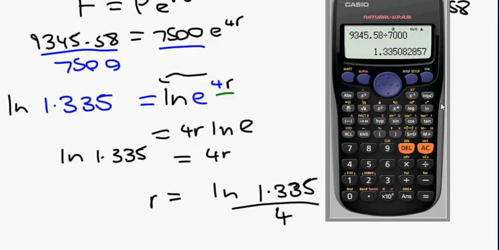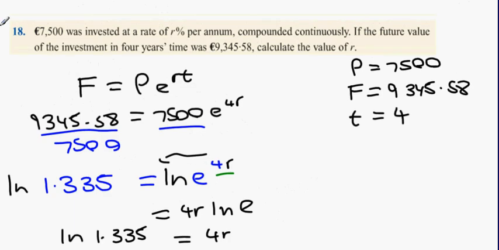So I'm going to save this big long decimal in my calculator, take the ln of my answer, and once I've done that, divide by 4. And I'm going to find out it's 0.0722. Okay, so this is question 18.